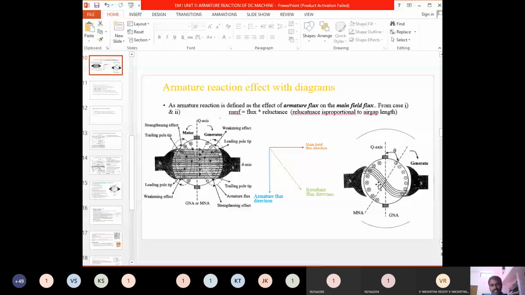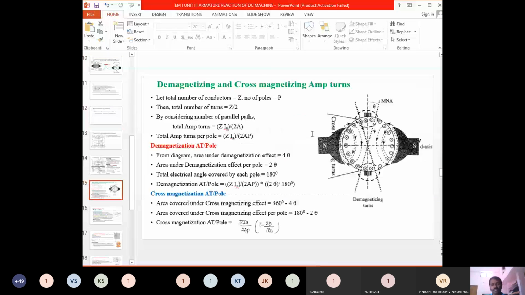And the second effect, I said, is the demagnetization effect. Demagnetization effect is nothing but a net amount of reduction in the flux. Now we will try to see which portion of the conductors leads to the cross magnetization and which portion leads to the demagnetization.